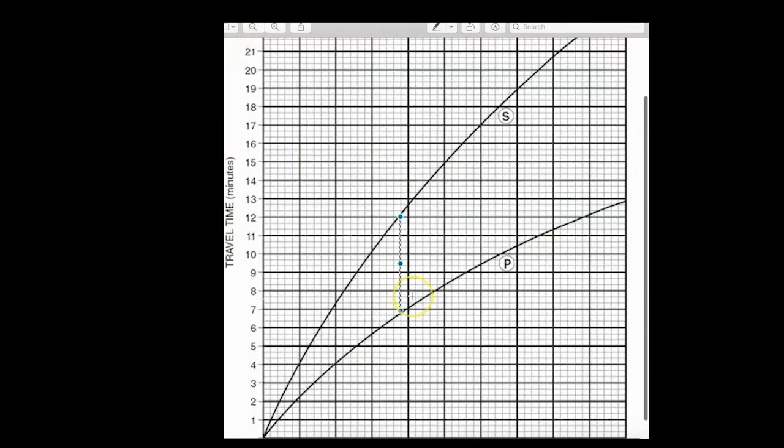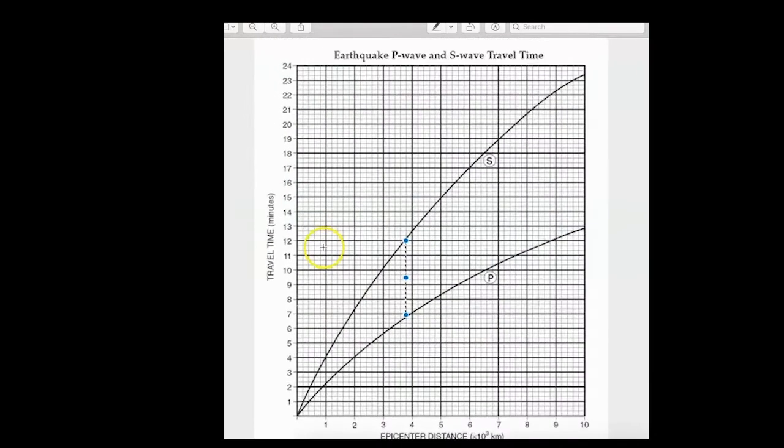Now I'm going to take that and find where on the graph that would actually fit. It looks like it fits right there. So what this shows us, if we look at the overall graph before we look at this line, is distance and time.